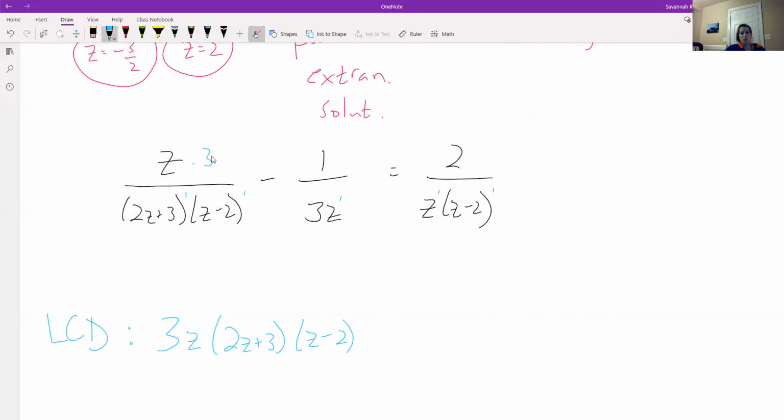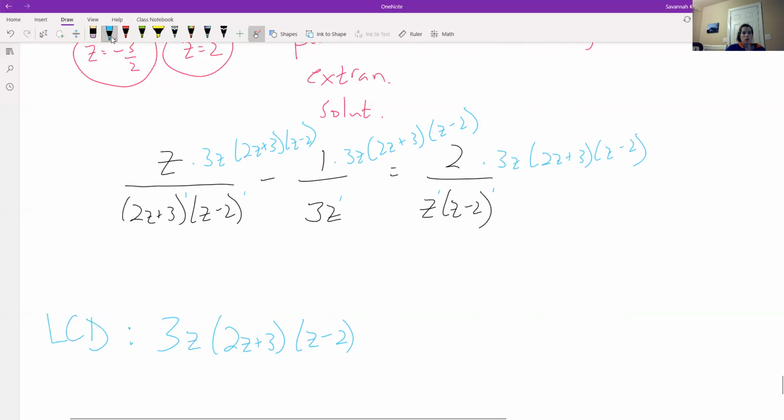Let me multiply out my LCD. So I distribute it, and it is so long that it doesn't want to fit nicely anywhere I put it. So cancel every single thing that we can.